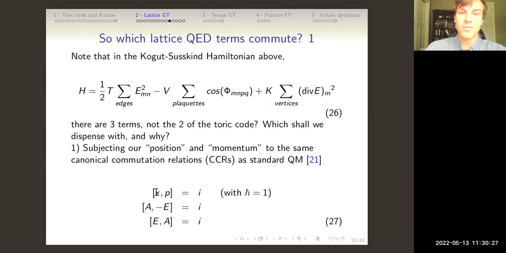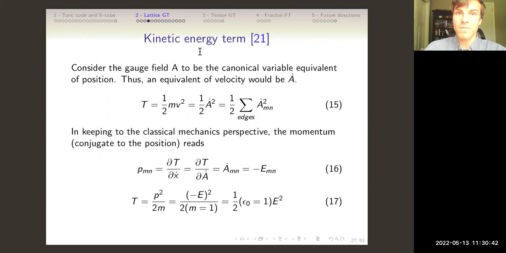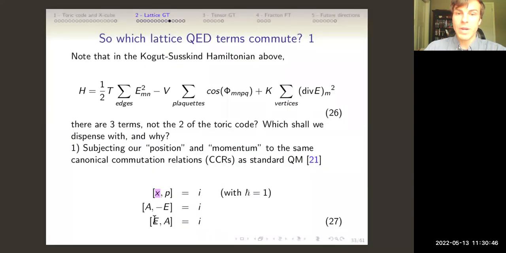So doing this canonical quantization argument, if the A coordinates corresponded to our position, momentum, recall, was the negative of the E field, we now have this commutation between the 2 terms.